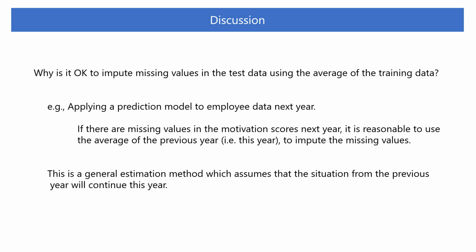For example, let's consider the case of applying a prediction model to employee data next year. If there are missing values in the motivation scores of employees next year, it is reasonable to use the average of the data from the previous year, that is, this year, to impute the missing values. This is a general estimation method which assumes that the situation from the previous year will continue this year.